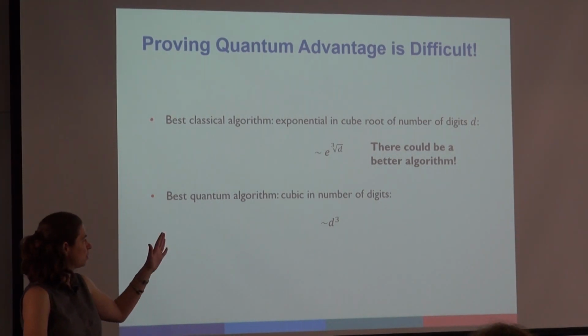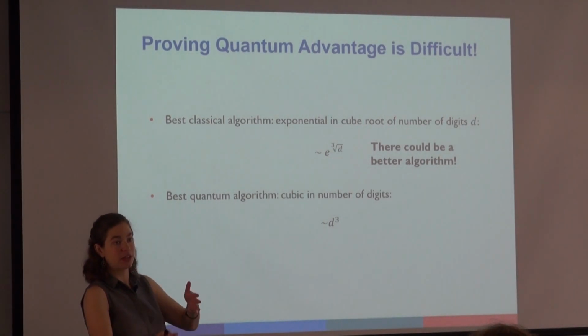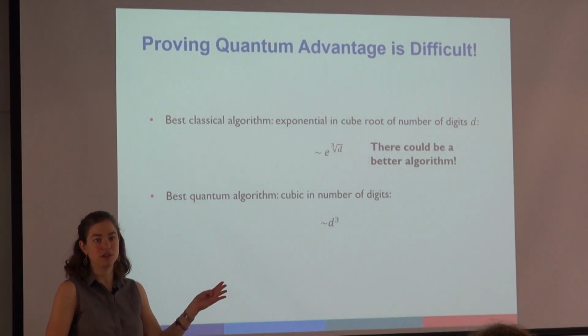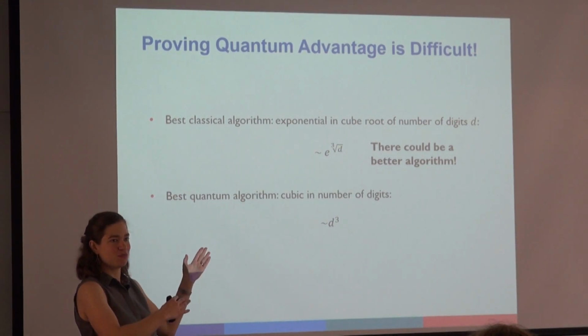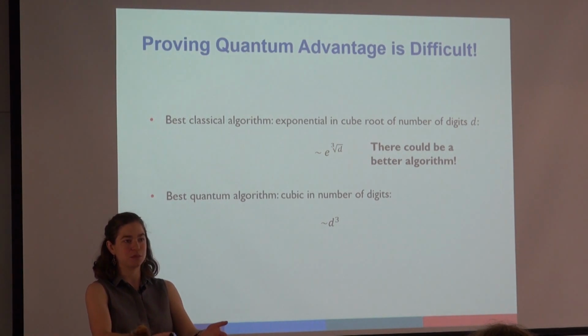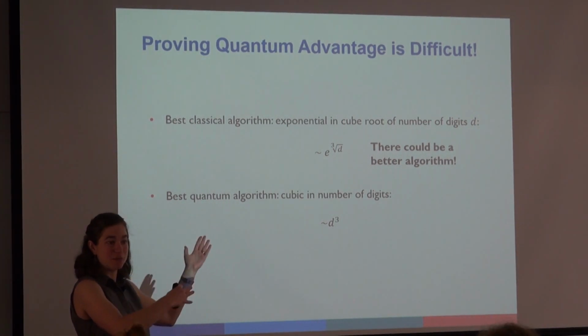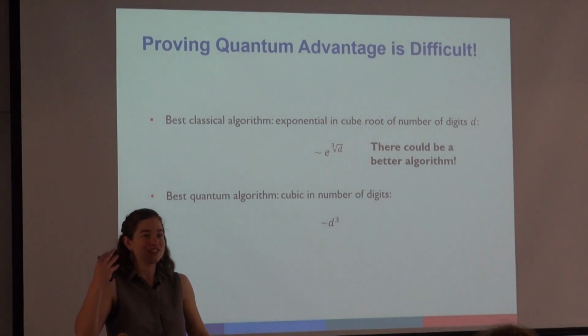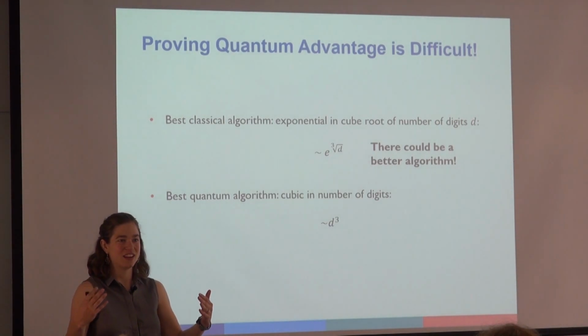Okay, so I told you that there's the separation between the best thing we can do with a regular computer and the best thing we can do with a quantum computer. But it turns out we don't know that there's not a better way to factor numbers on a regular computer. This is just the best that some guy, I think it is a guy, has come up with. But that might just be a lack of our creativity as humans.